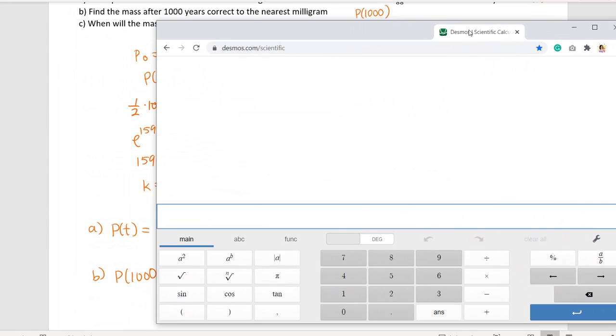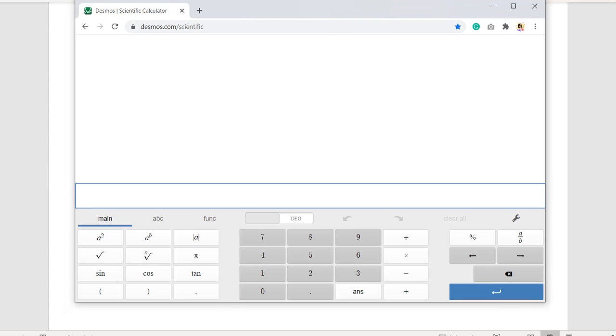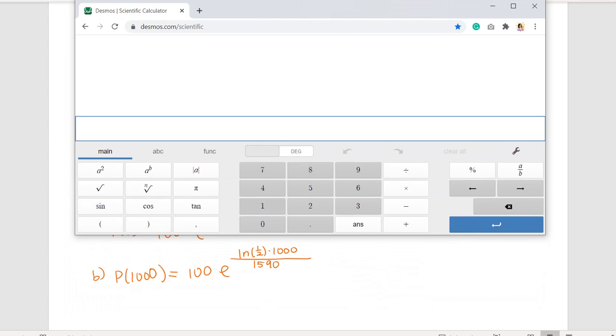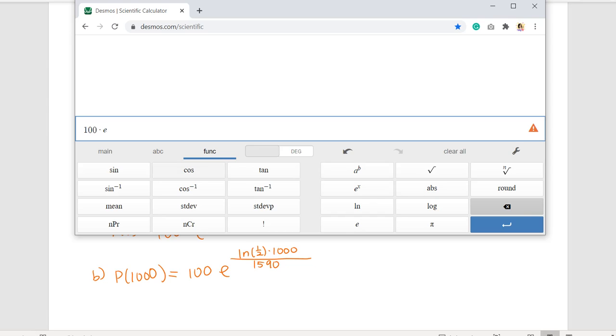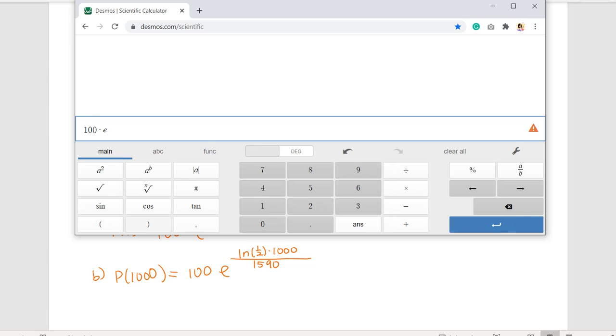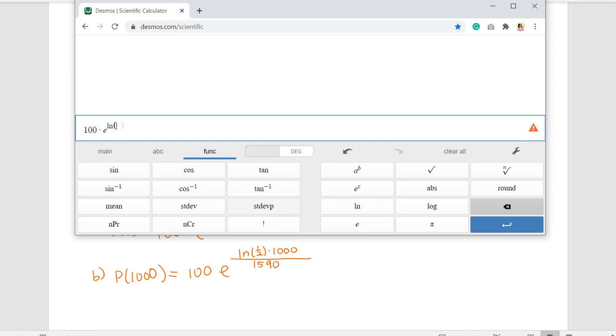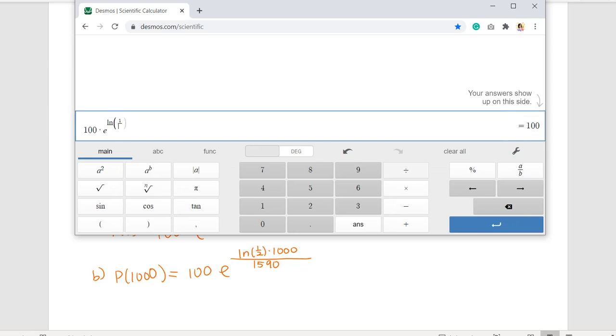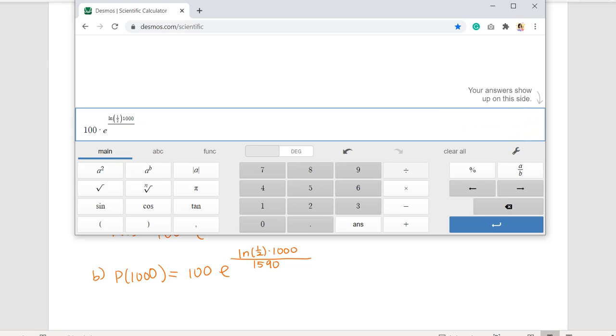Okay, so here I want to show you how to put this in the calculator. So let's use this online calculator. We have 100 times e to the natural log of 1/2, times 1000 divided by 1590.